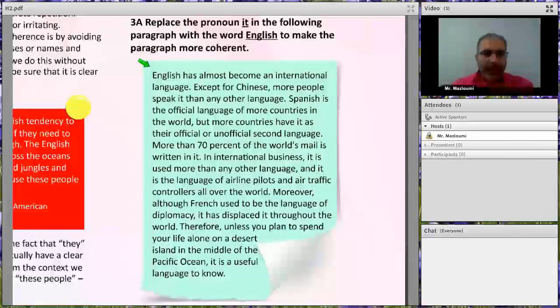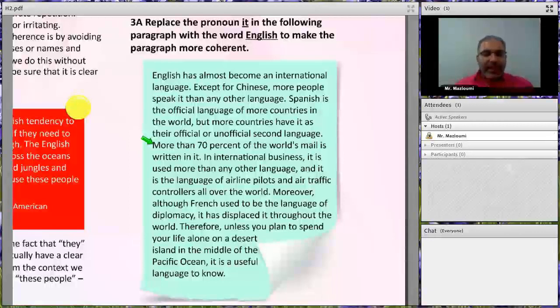Take a listen, please. English has almost become an international language. Except for Chinese, more people speak it than any other language. Spanish is the official language of more countries in the world, but more countries have it as their official or unofficial second language. More than 70% of the world's mail is written in it.